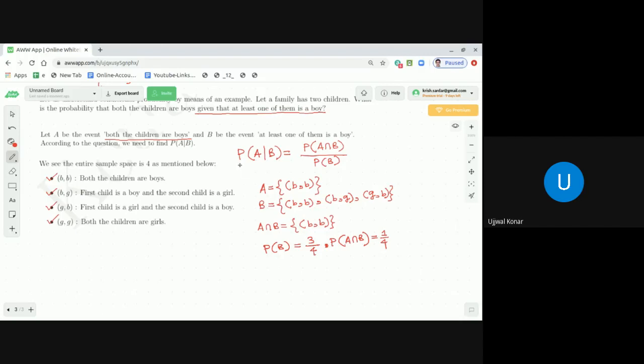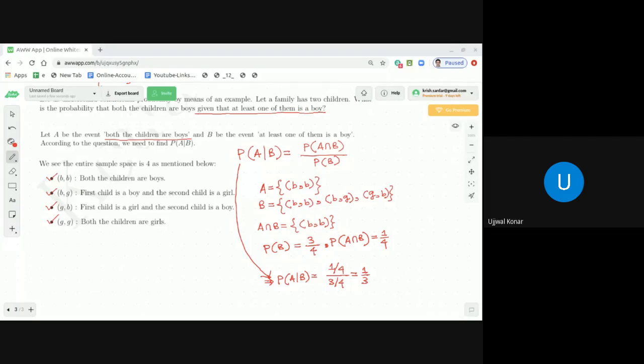Now if we apply the value of probability of A intersection B and probability of B in the formula, what we are going to get, dear students, is that probability of A given that B has happened, that is probability of A slash B, is equal to probability of A intersection B, that is 1 by 4, divided by 3 by 4, and that is nothing but 1 by 3. And hence we are able to answer: what is the probability that both the children are boys, given that at least one of them is a boy? Correct, dear students? Got it?